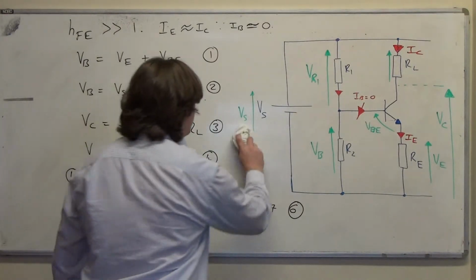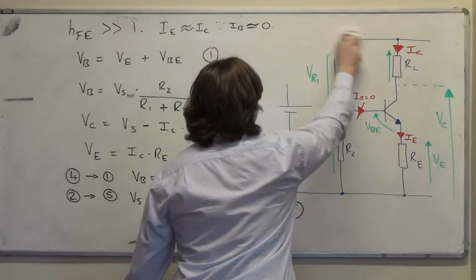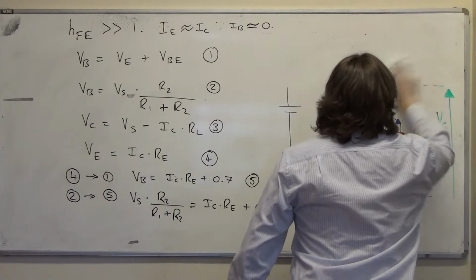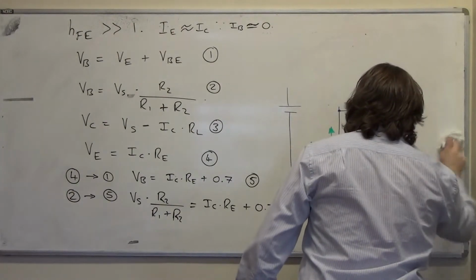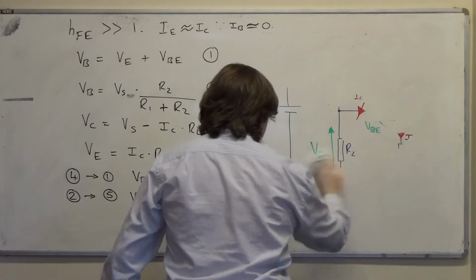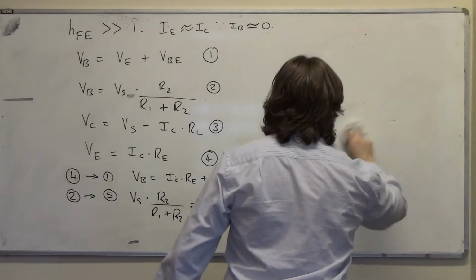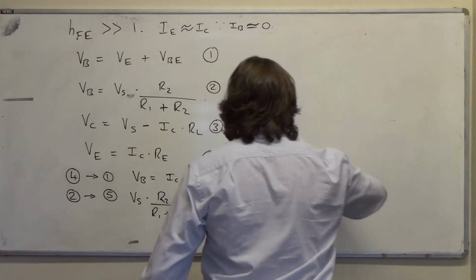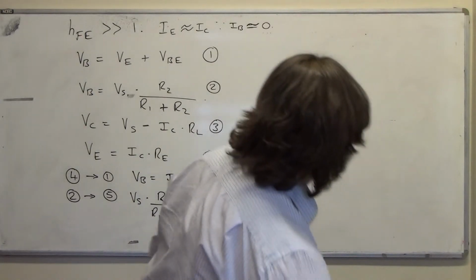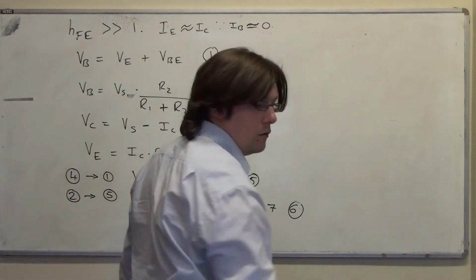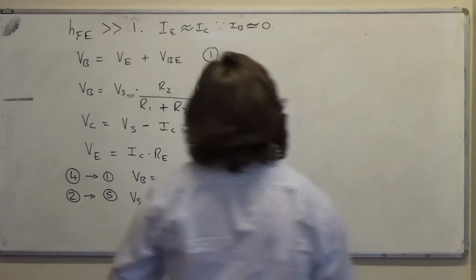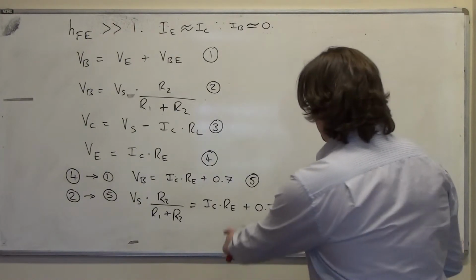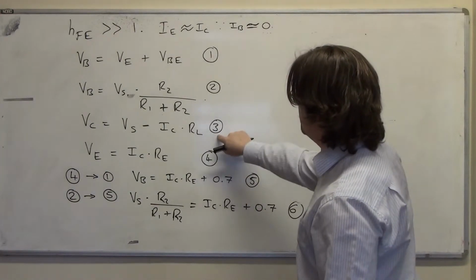So let's get rid of the circuit. So we're hoping to rearrange 6 and then sub into 3.